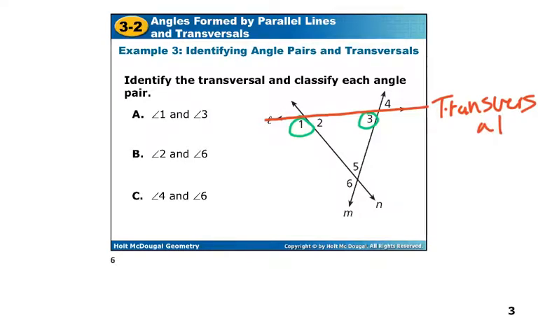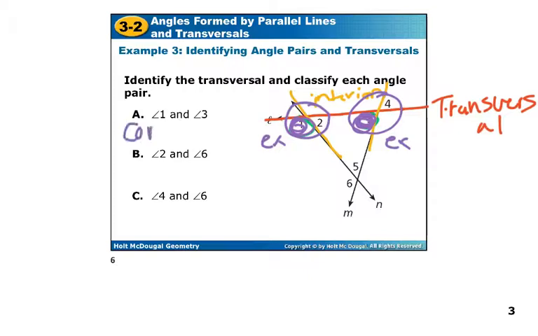And then the other 2 lines are the ones that you're either going to be on the interior of or the exterior. Okay. So if we're looking at 1 and 3, okay, taking a look, sometimes it helps if you rotate the picture. This is at the bottom left of this intersection, and this one is also at the bottom left of that intersection. So going back to our names, those are corresponding angles.